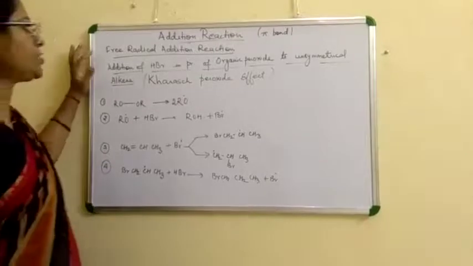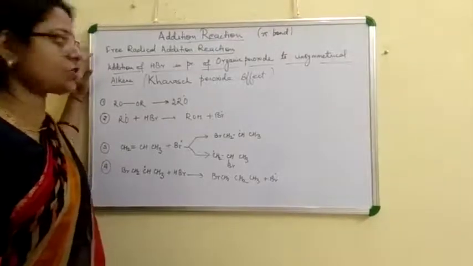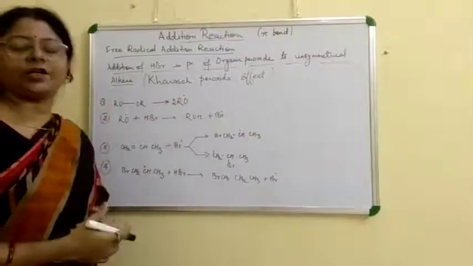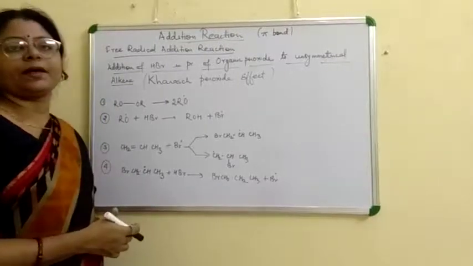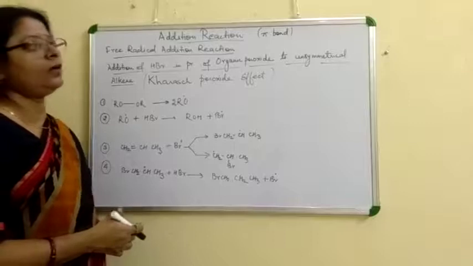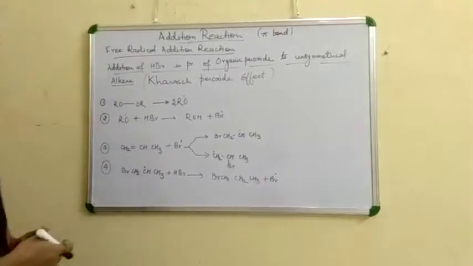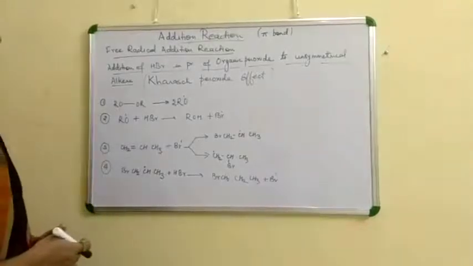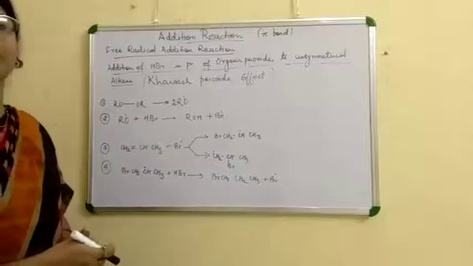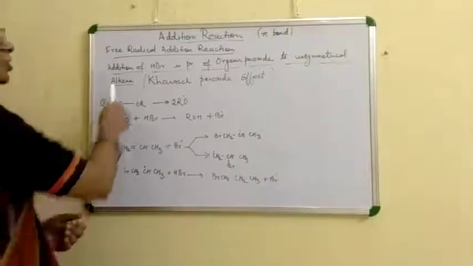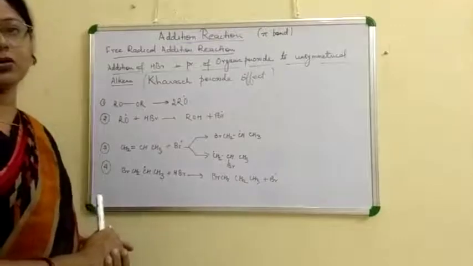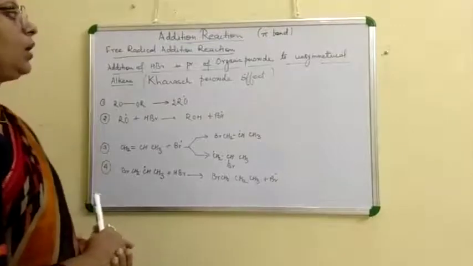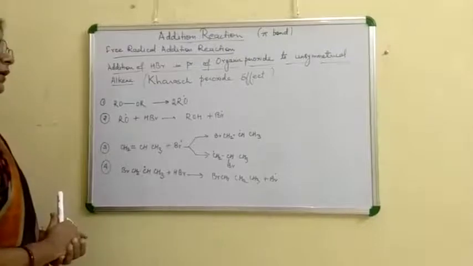The next addition reaction is free radical addition reaction. Free radical addition reaction generally takes place in unsymmetrical alkene, and it is known as Kharash peroxide effect, the addition of hydrogen bromide in presence of organic peroxide to unsymmetrical alkene.